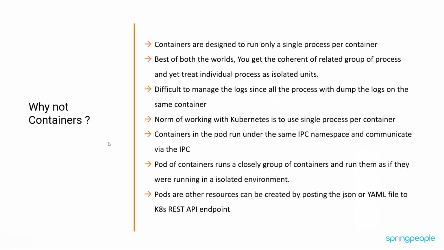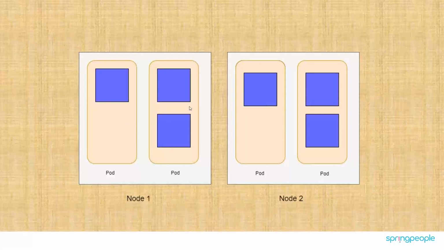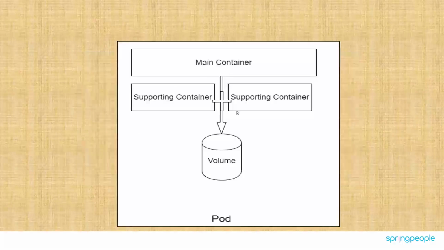The basic atomic unit in Kubernetes is called a pod. The pod will run the containers. The pod is something that will be present on the node, and the pod will contain multiple containers. So these are the containers, and the pod is built using a container, and there can be multiple containers within the pod, but they will be sharing the same volume.